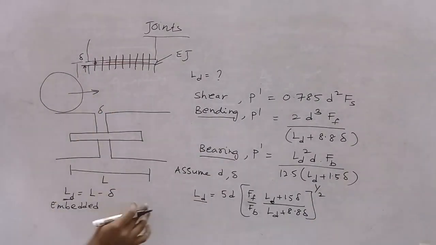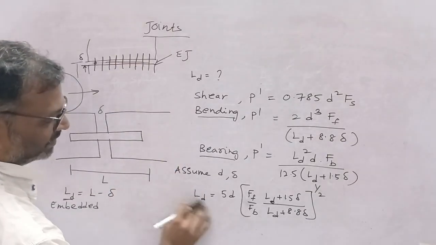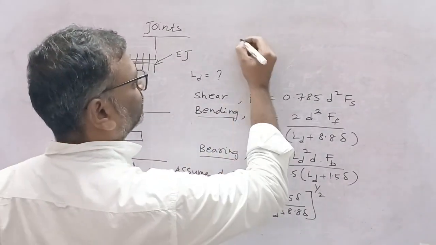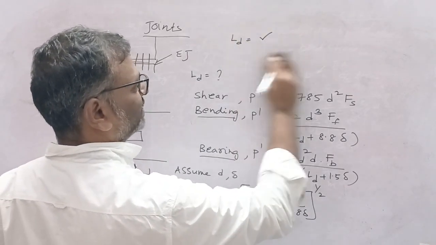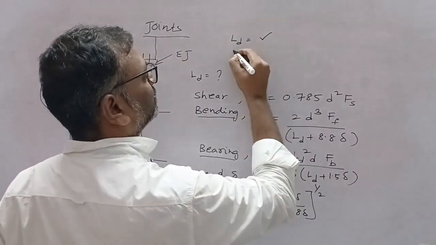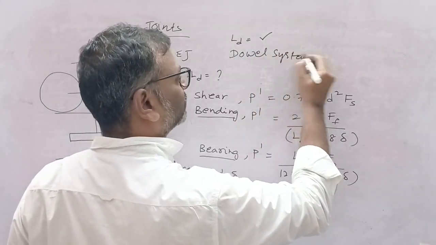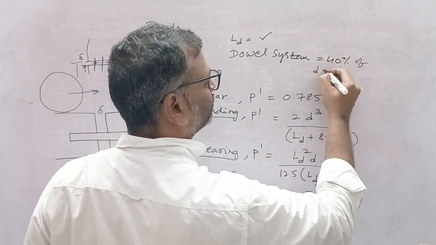So the length of the dowel bar we just found out, and using this length we got, we then need the spacing. For spacing, this dowel system will only take care of 40% of the design wheel load.